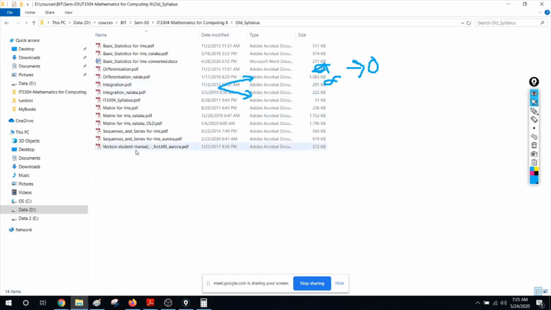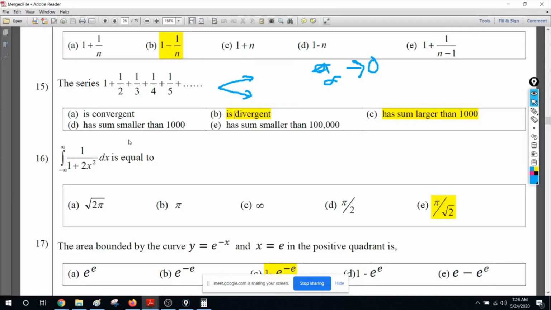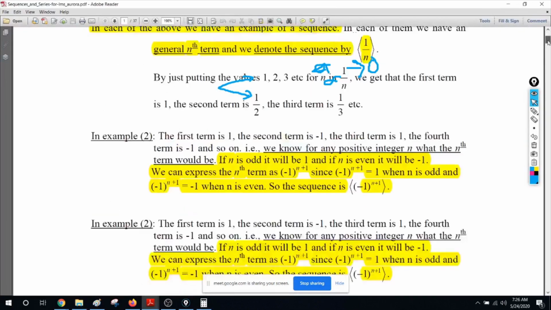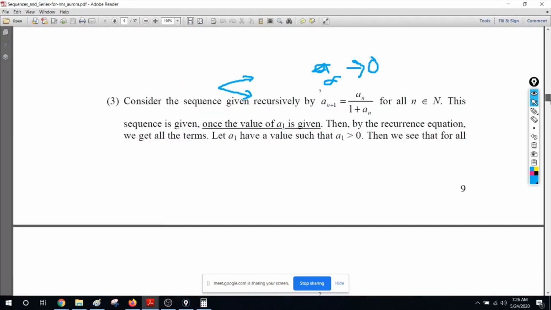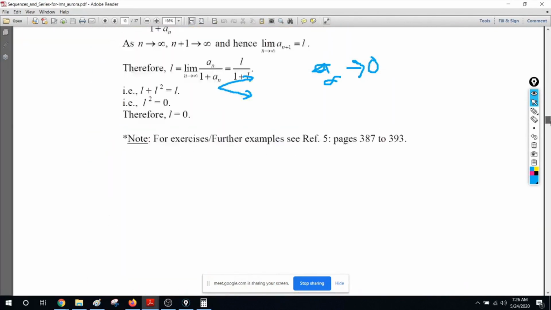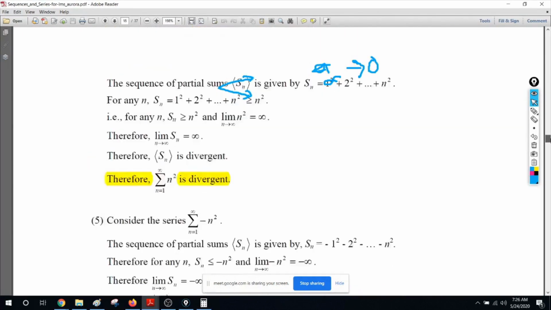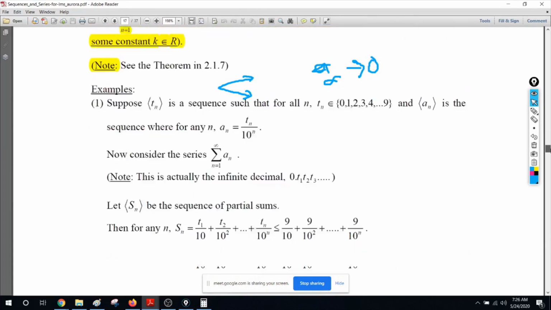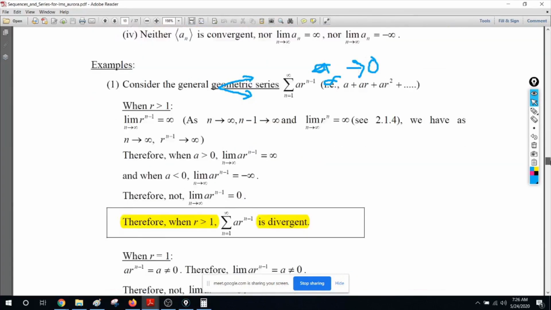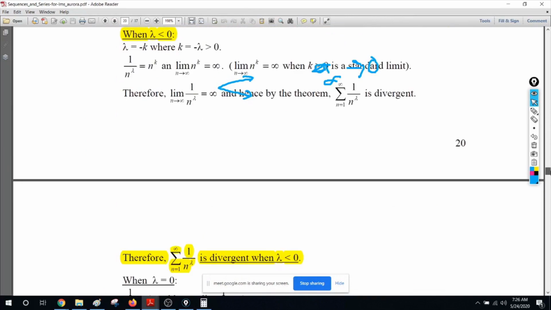So you must be able to identify a power series, right? Identify power series. That's it. Then you have to know those two properties. So this is about geometric series.